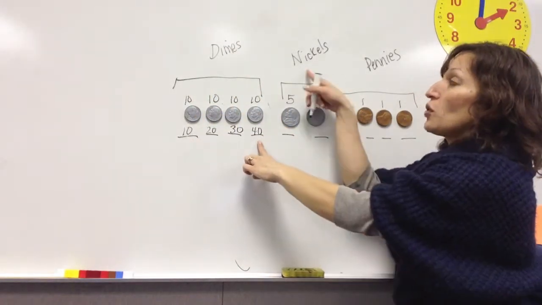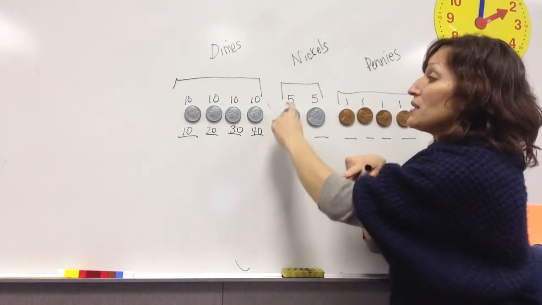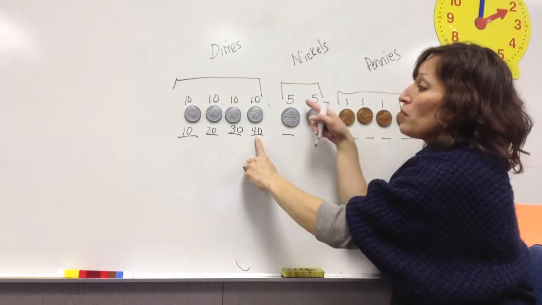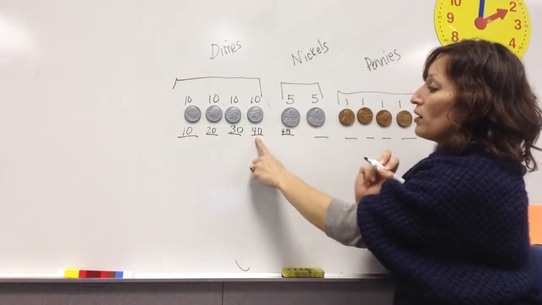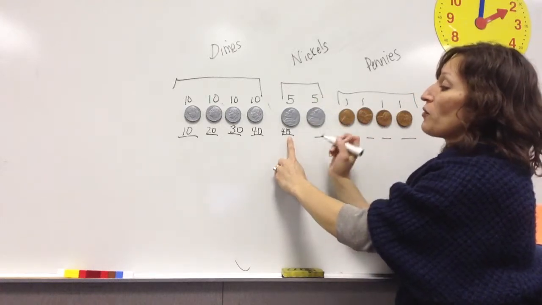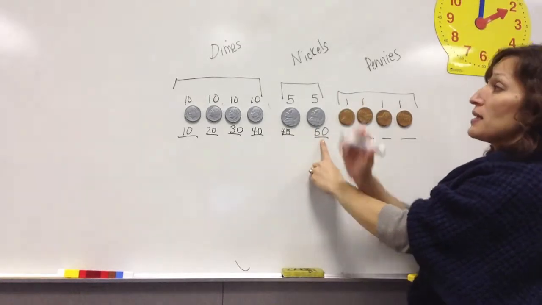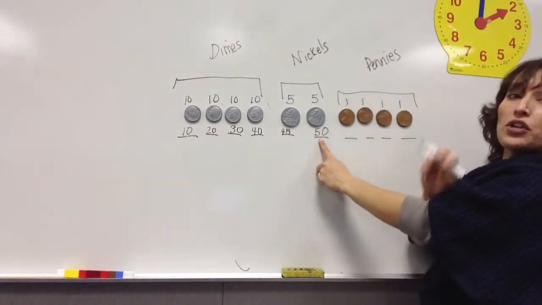I have to change the way I'm counting because my next coin is not a dime. It is not worth 10. I have to now add 5. 40 plus 5, 45. 45 plus another 5, 50. Freeze. Done with dimes, done with nickels, moving to a new coin.